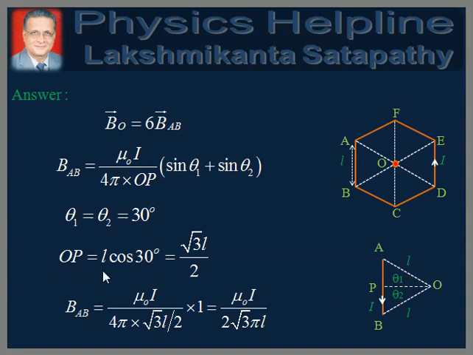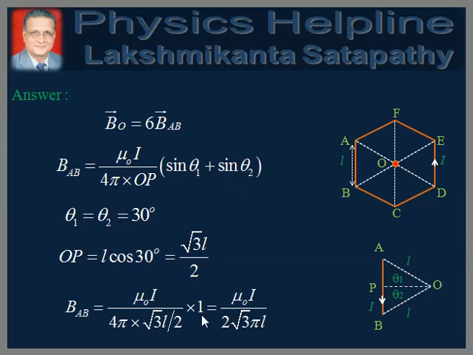Therefore, we can write OP is equal to L cos 30 degrees, which is equal to root 3 by 2 into L. Putting these values, we get B_AB is equal to μ0 I by 4π into OP, OP is root 3 L by 2, into sin θ1 plus sin θ2, sin 30 plus sin 30, that is 1 by 2 plus 1 by 2 will give you 1.